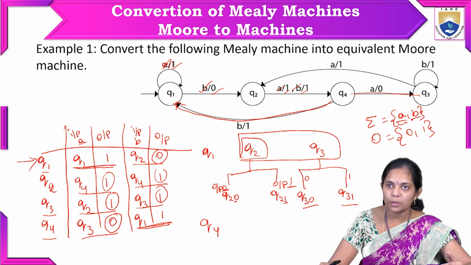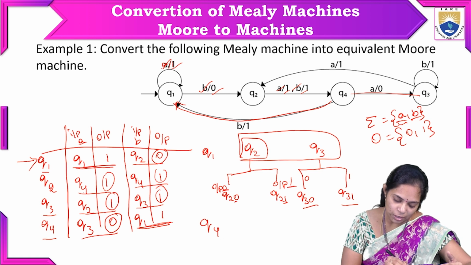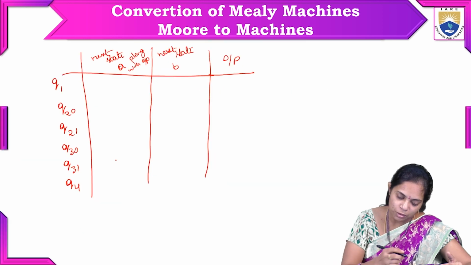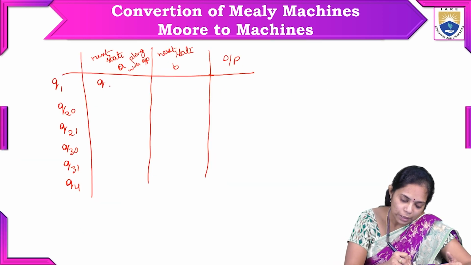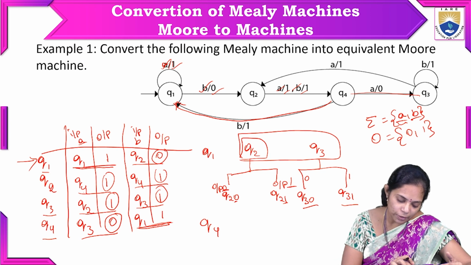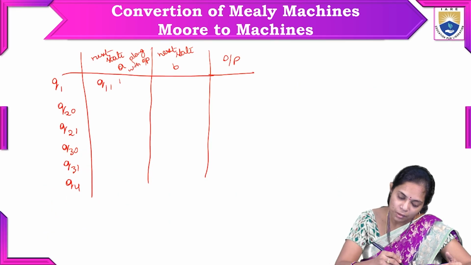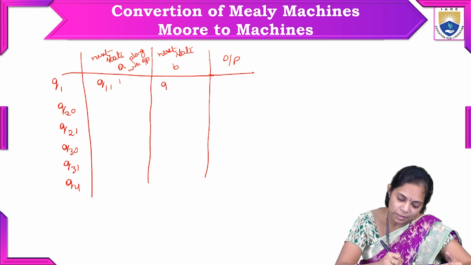Here, the first step is to start with the initial state. From the initial state, when we are giving A as an input, it is giving the same output. So here Q1 is going to Q1 itself with the output 1. And while giving B as an input, it is going to the Q2 state. For the Q2 state, we have to find Q2 0.